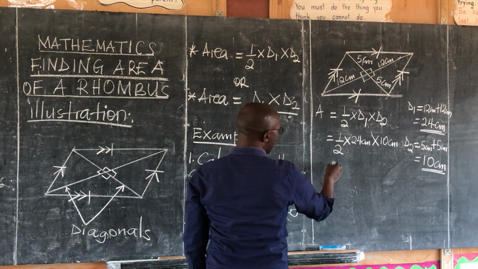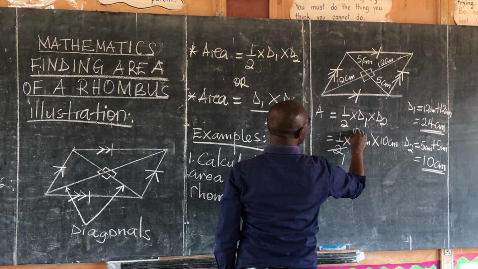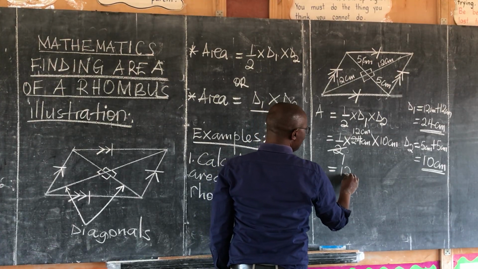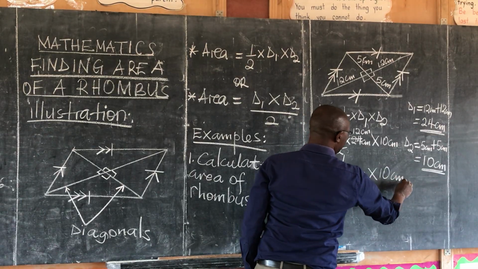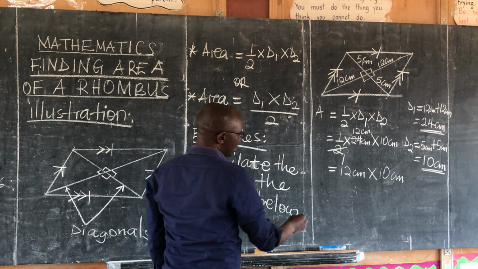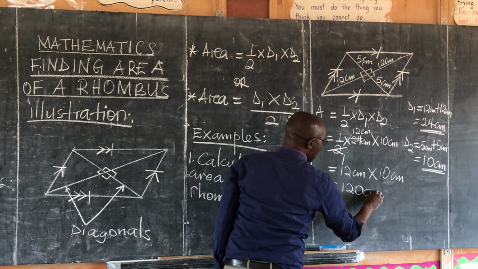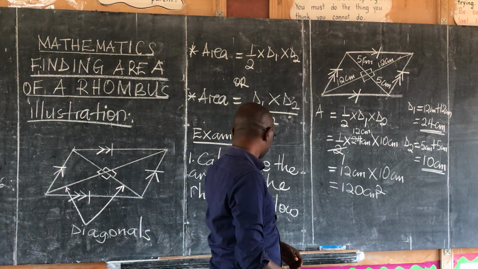So I reduce by 2: 24 divided by 2 is 12 centimeters. So the area of the rhombus is 12 centimeters times 10 centimeters, which is 120 centimeters squared. So that is the area of the rhombus.